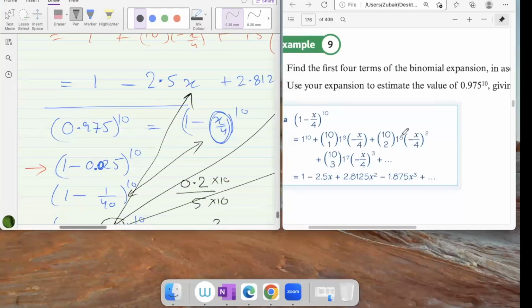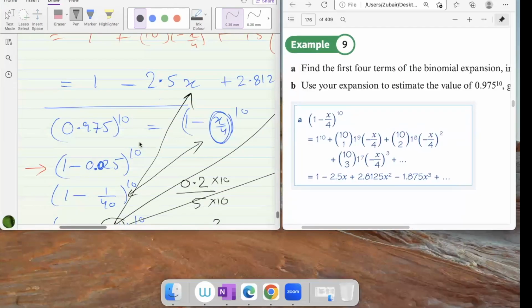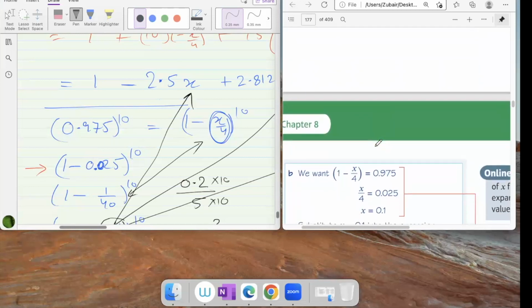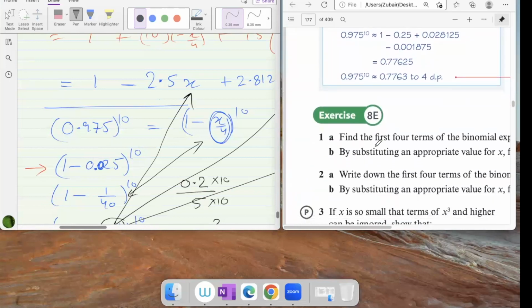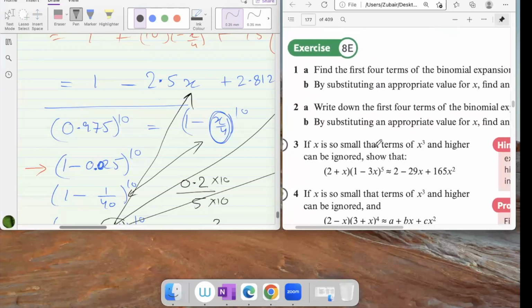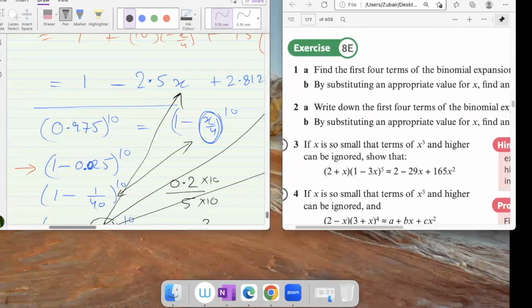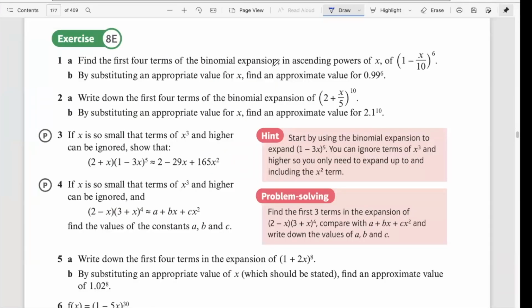Clear? This was just the basic. Obviously, when you have the calculator, you can write 0.975 power 10, but he asked you for first 4 terms only. And this is very helpful when you have something other than the numerical value.